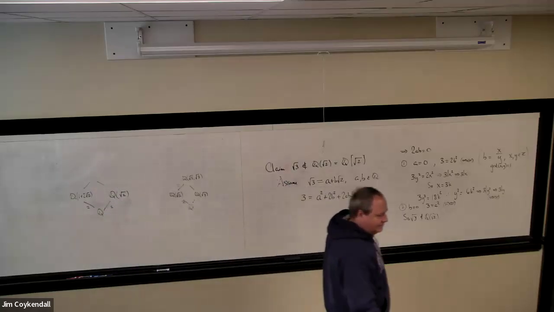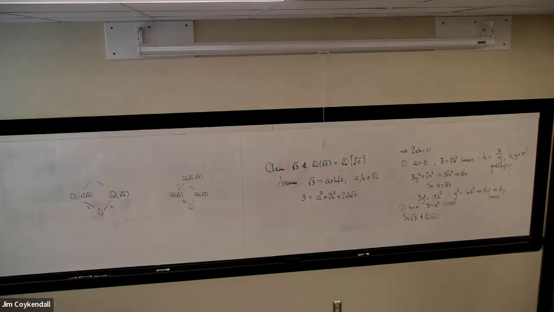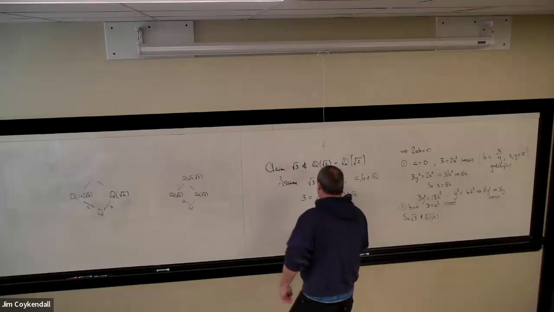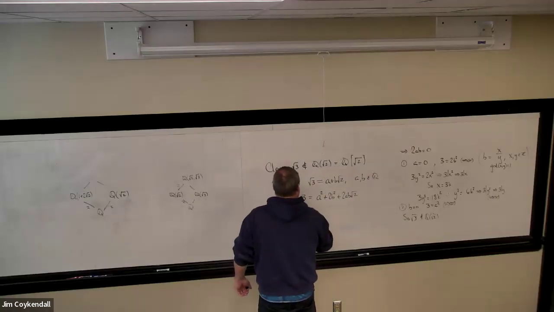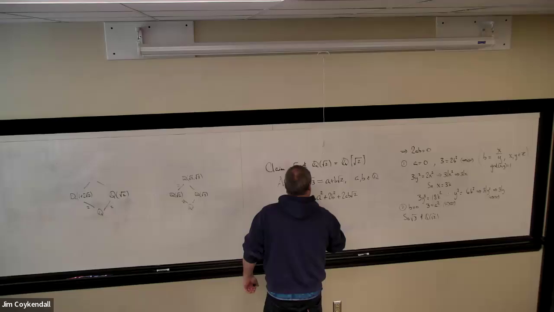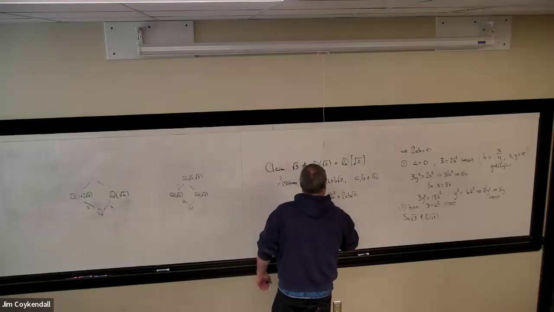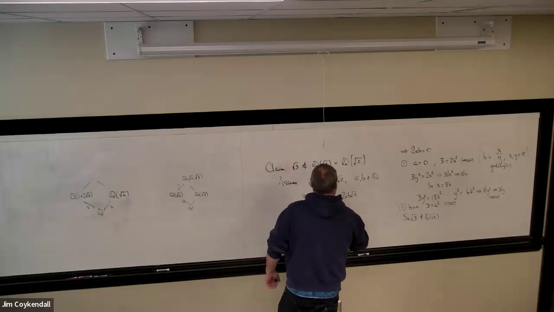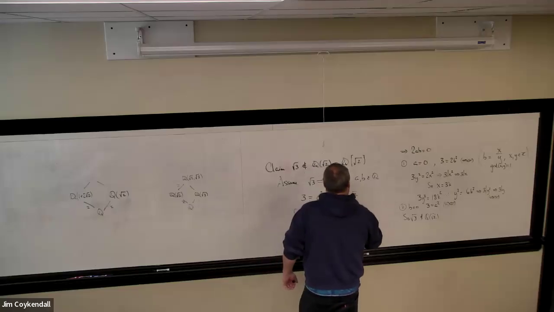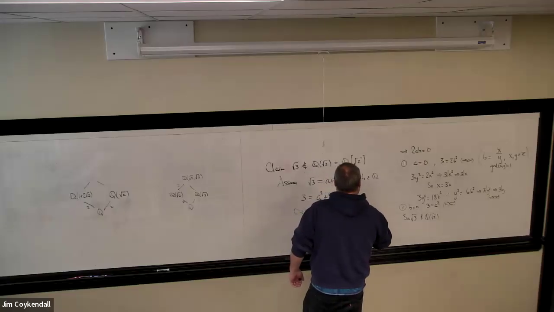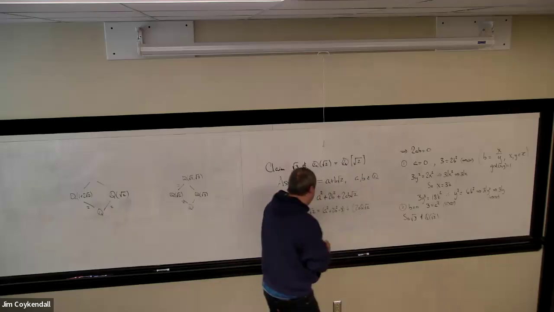Why do we have 2ab equals 0? Think of it this way: 0 plus 0 radical 2 is equal to a squared plus 2b squared minus 3, plus 2ab radical 2.